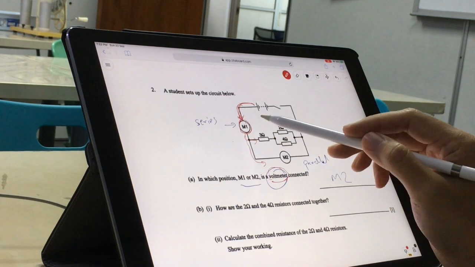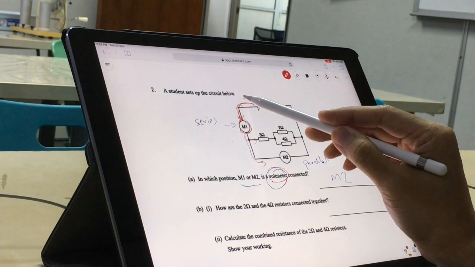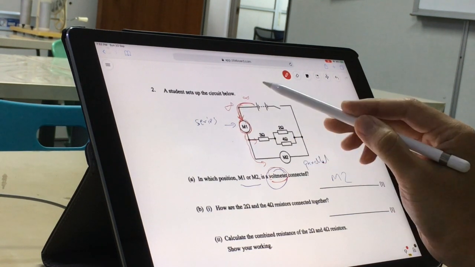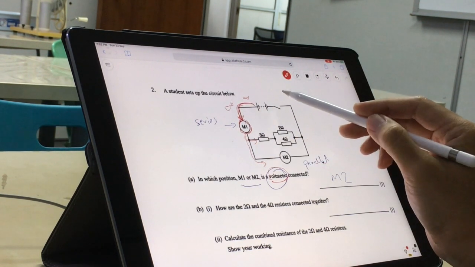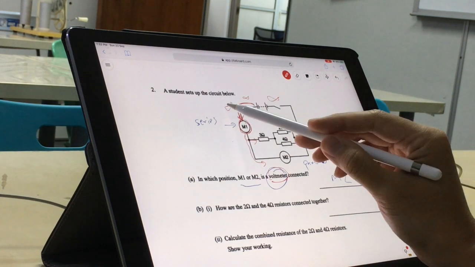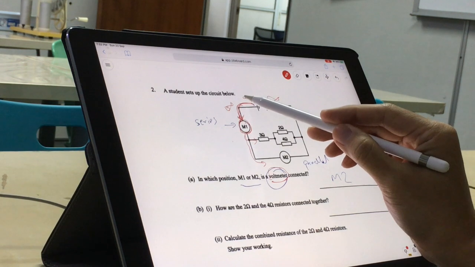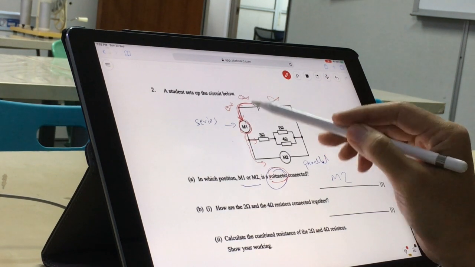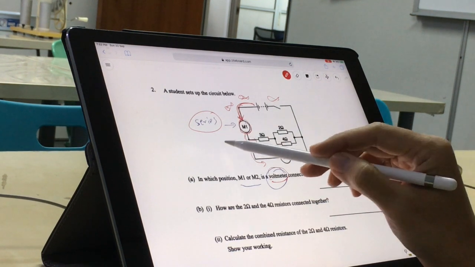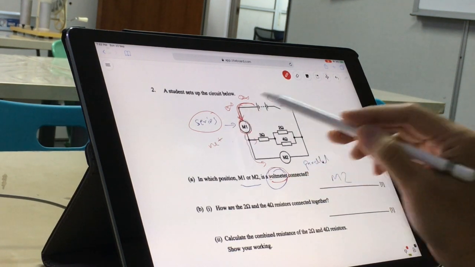Imagine here there is one fish. Imagine the electron is a fish. Where will the fish swim? Through M1. So it's series, because M1 is like a net. It can catch the fish.